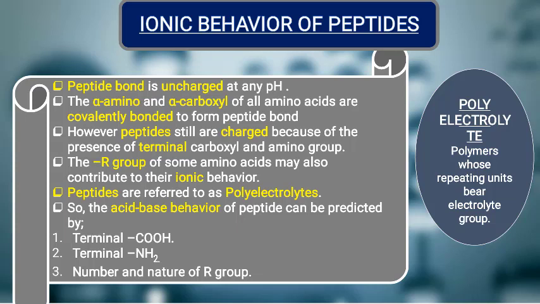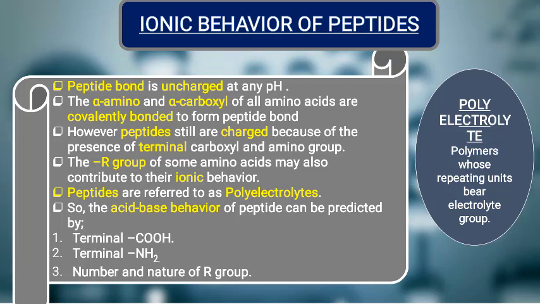In some cases, the side chain R is also responsible for the ionic behavior. So peptides are referred to as polyelectrolytes. What are polyelectrolytes? These are polymers whose repeating units bear electrolyte groups. In the case of amino acids, the electrolyte groups will be the amino group and the carboxyl group.